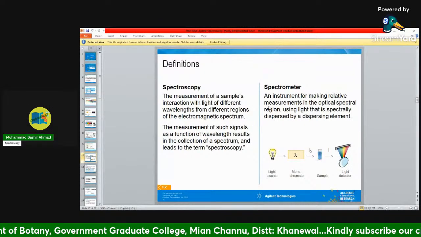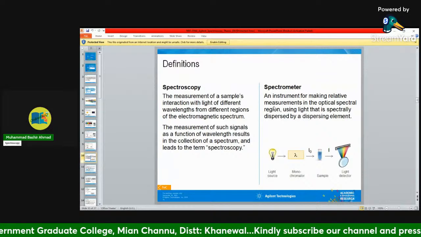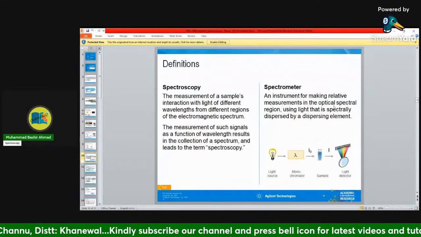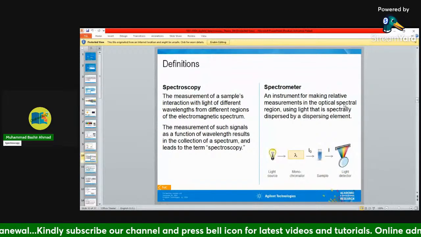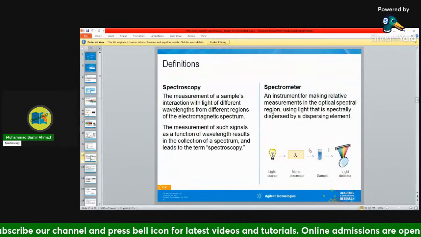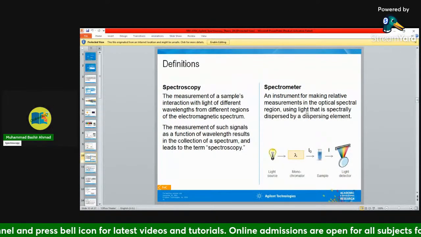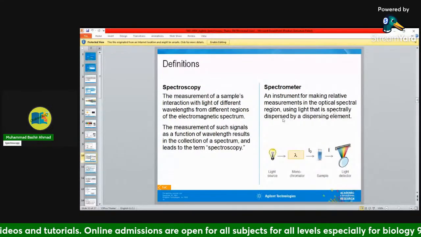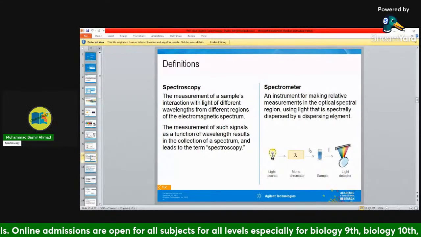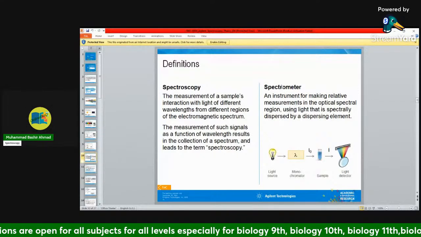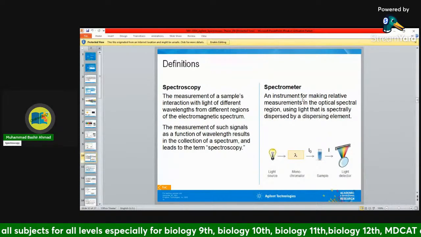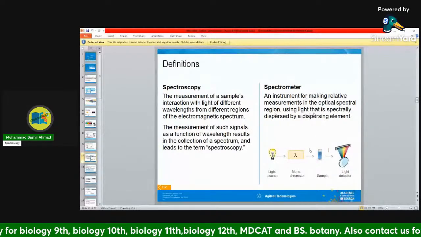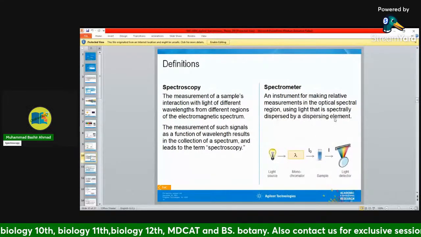What is a spectrometer? An instrument for making relative measurements in the optical spectral region using light that is spectrally dispersed by a dispersing element.